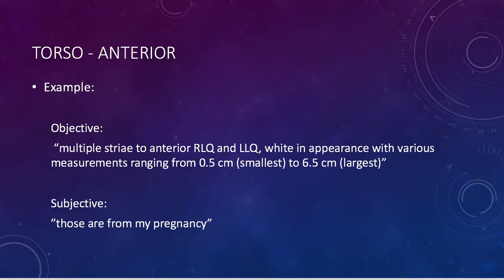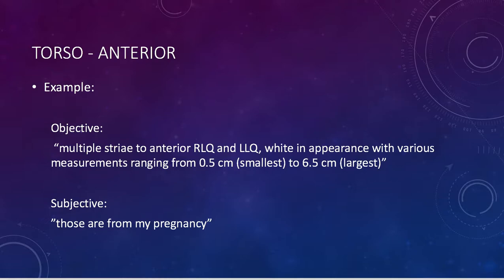I do make notations that it's there, however, and an example would be the striae from pregnancy. If there are 30 to 50 of them on the abdomen, I'm not going to measure, mark, and do a separate finding for everything. I'm going to lump that all together.